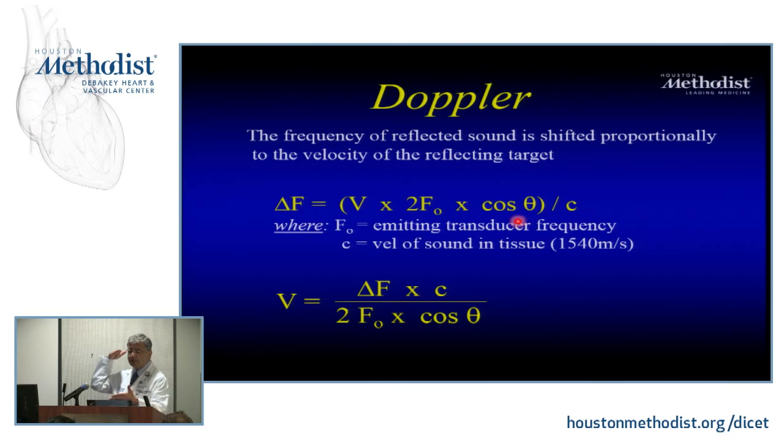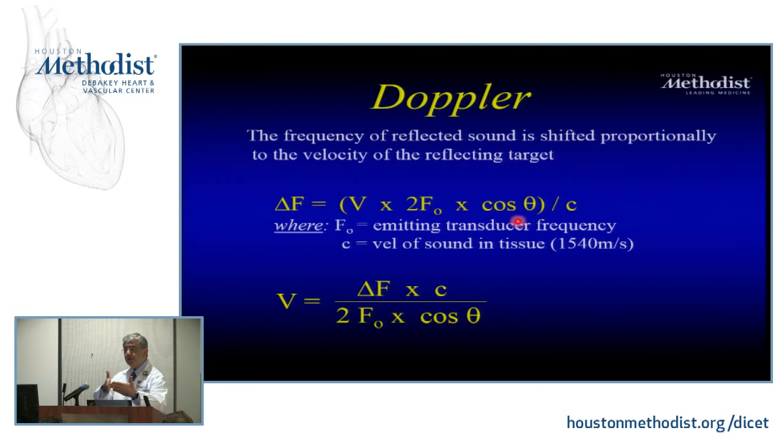As opposed to imaging, where you want to be perpendicular to see the best reflected sound, for cosine theta to be 1 as opposed to 0, you have to be parallel, either 0 degrees or 180 degrees.